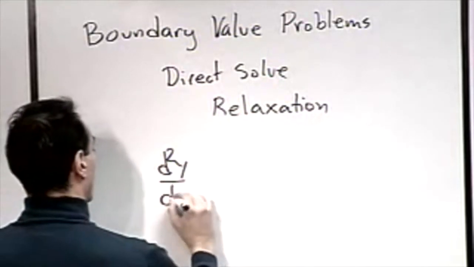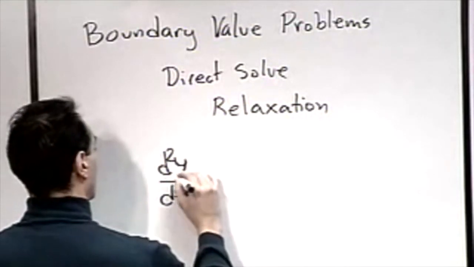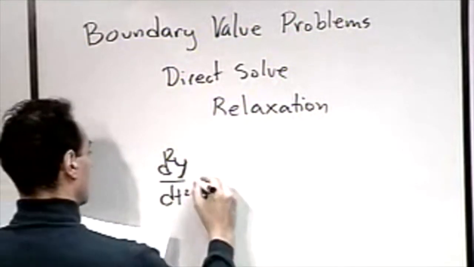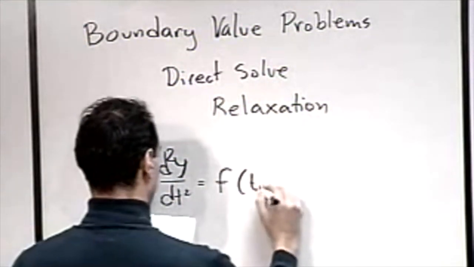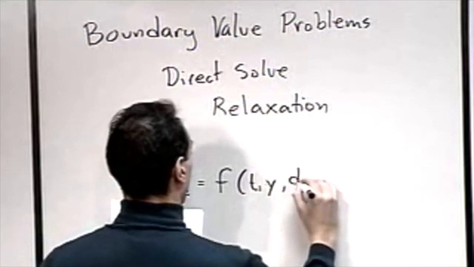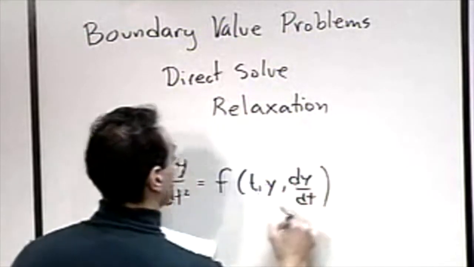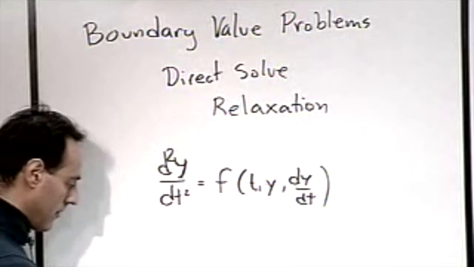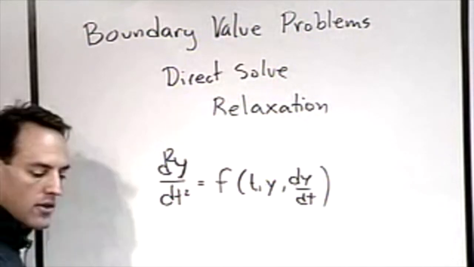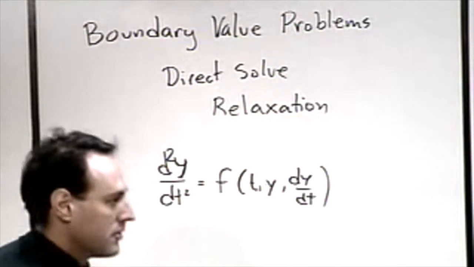Here's the generic problem we want to consider. The second derivative of t is equal to some function, generally nonlinear, of the function itself and its derivative, with the following boundary conditions.